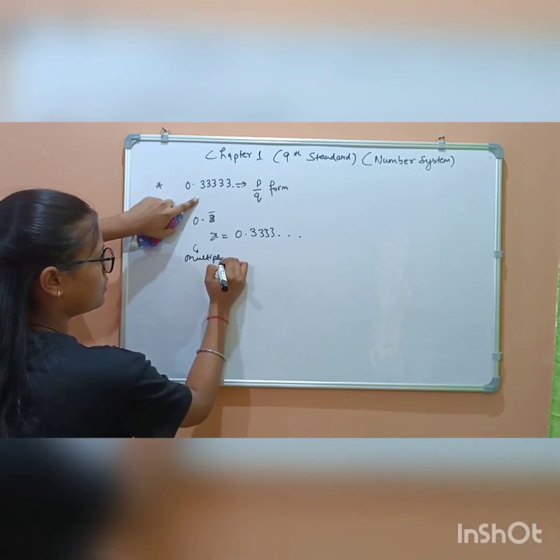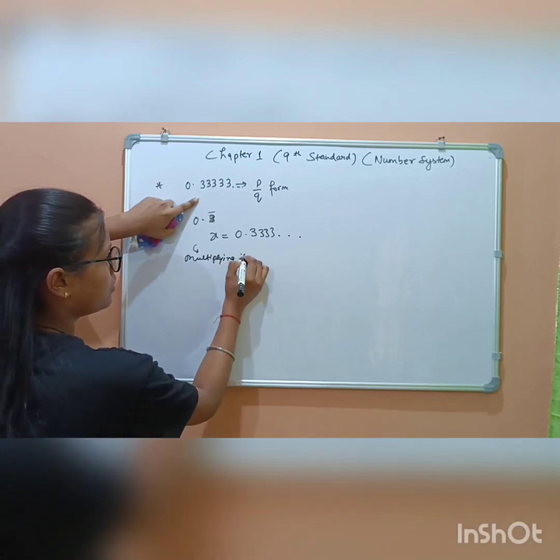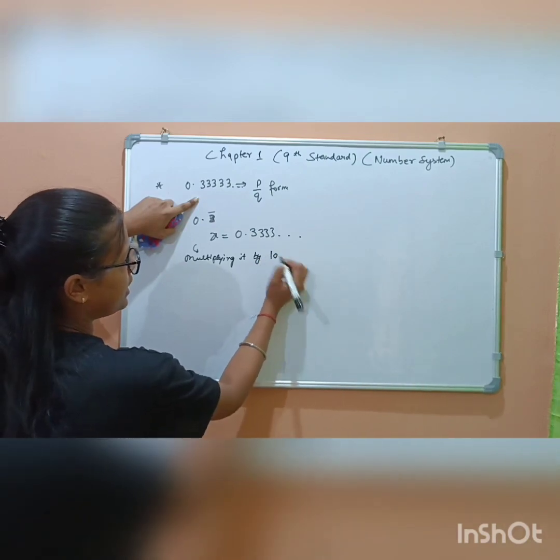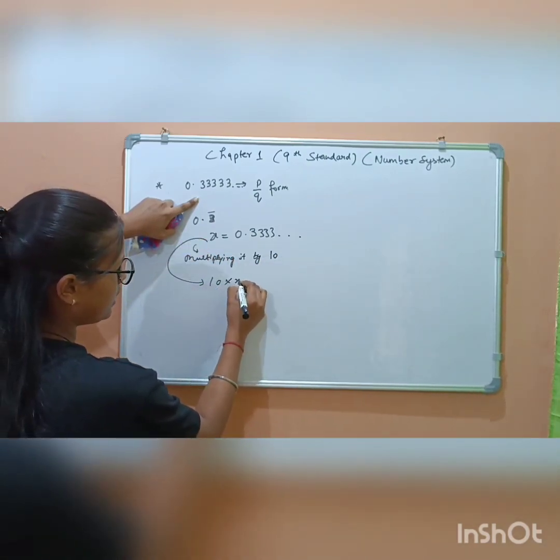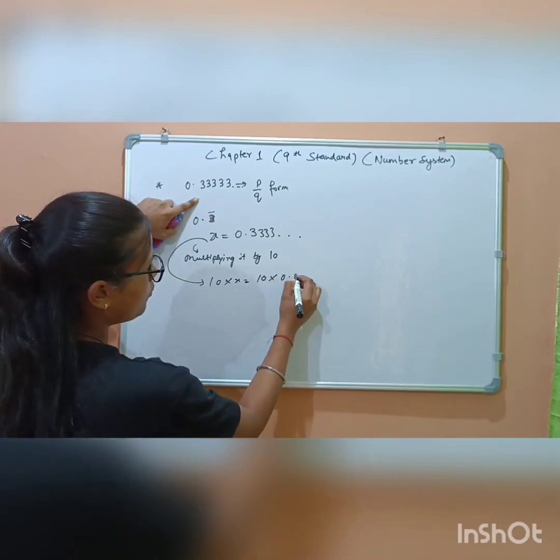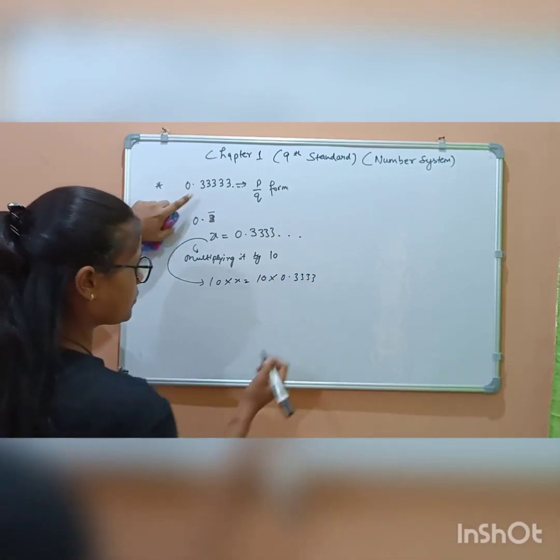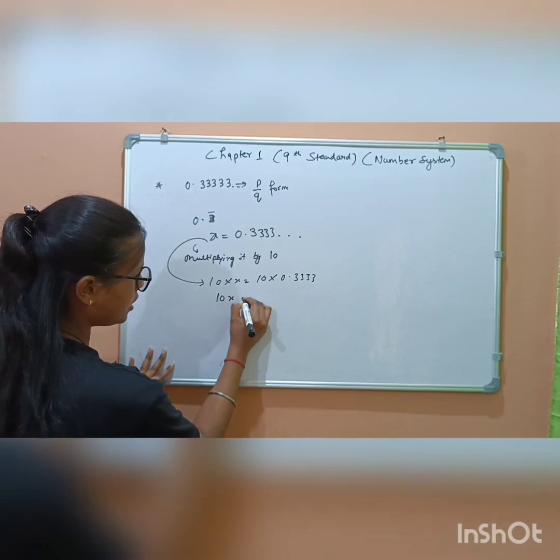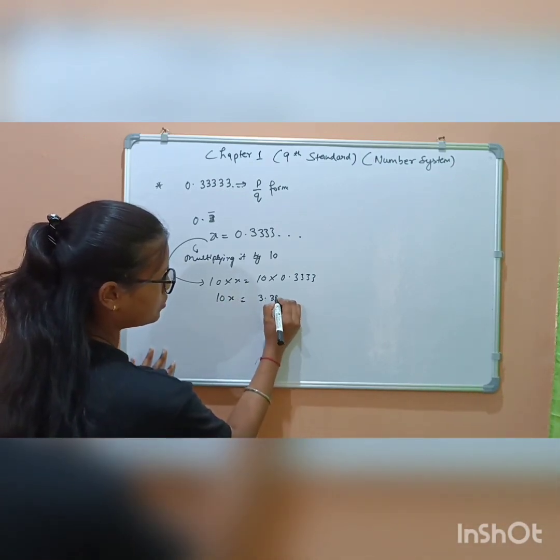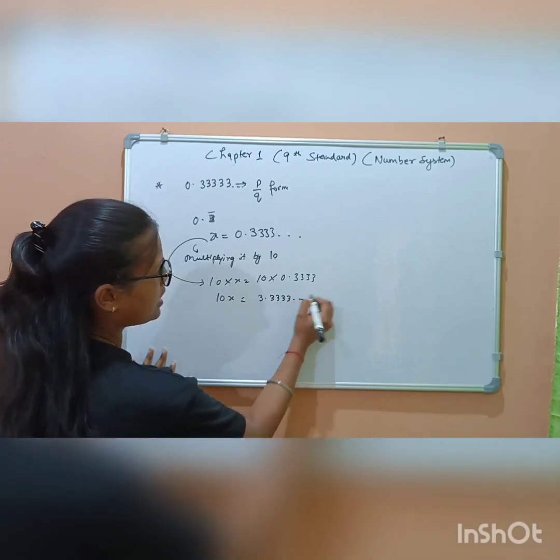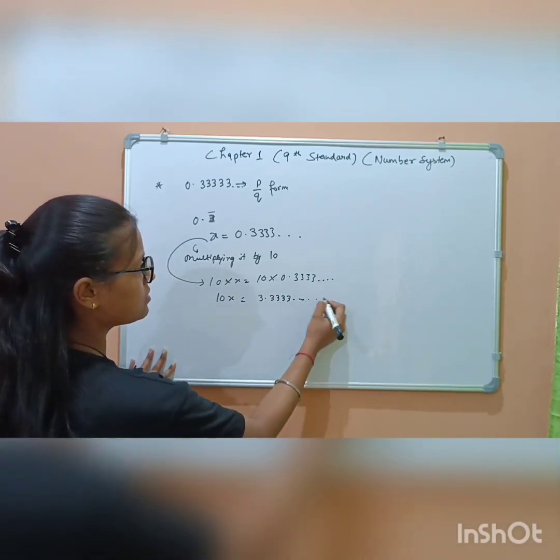So you will get 10x equals to 10 into 0.3333, so 10x equals to 3.3333 and so on. Am I right?